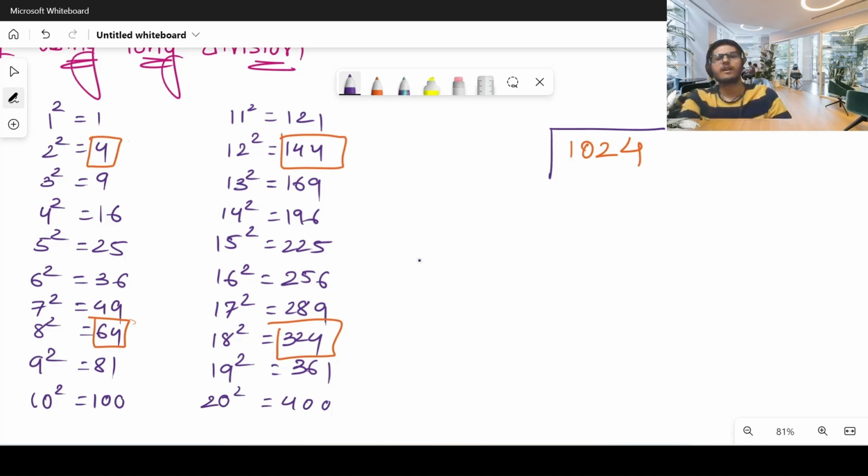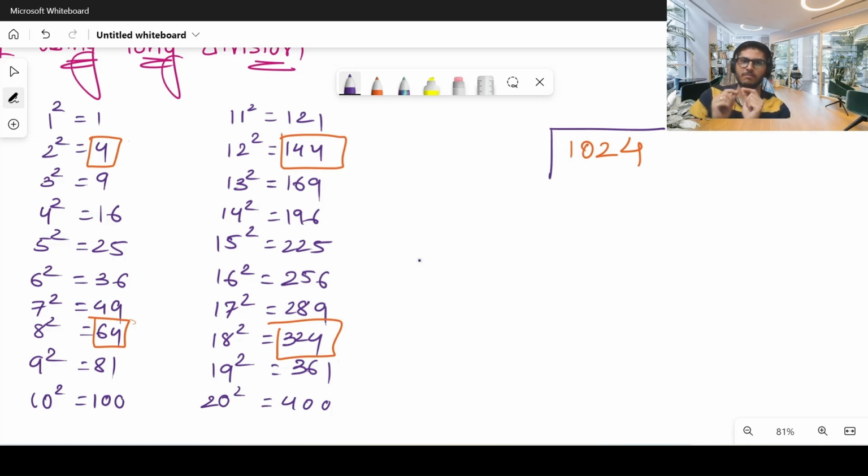Okay, now before we start solving the question of long division, the very first step is that you have to start making pairs of the number whose square root you would like to find out. For example, here 1024 is the number.